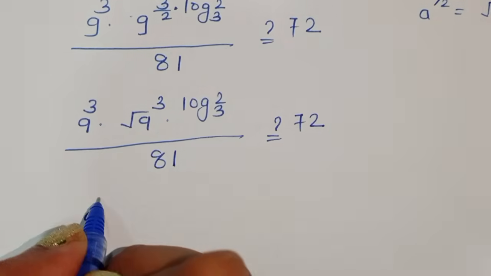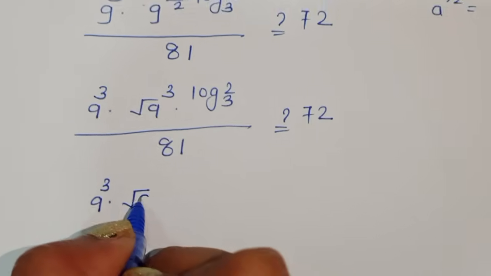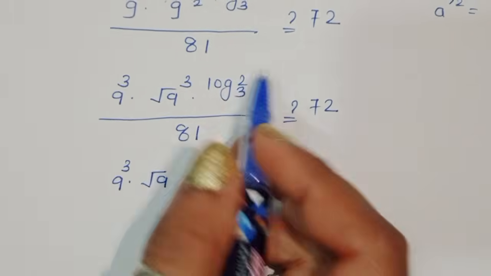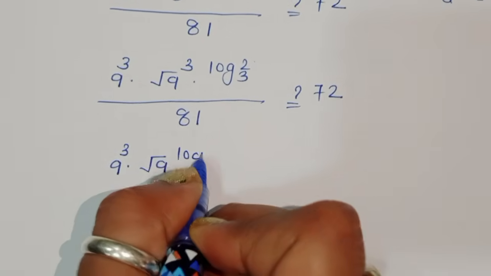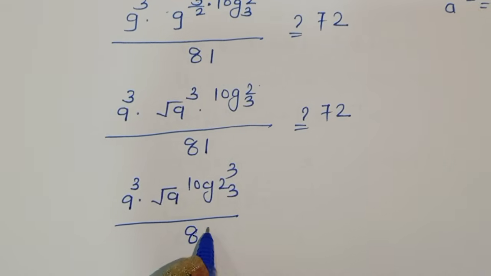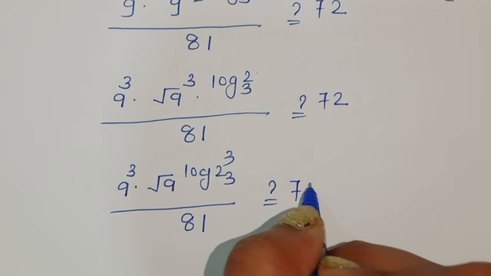Now 9 power 3 times square root of 9, and this 3 will come to this side, so it will become power log of 2 cube to the base 3, divided by 81, question mark, 72.